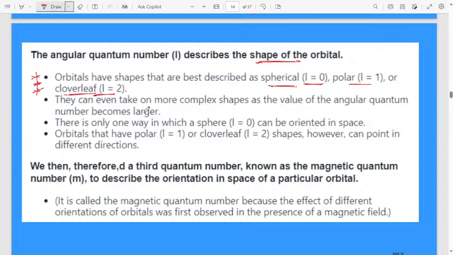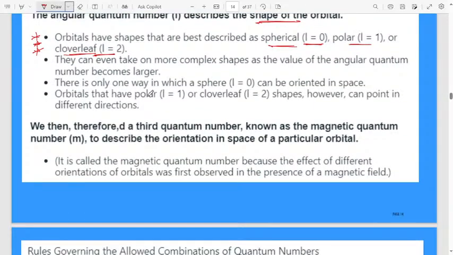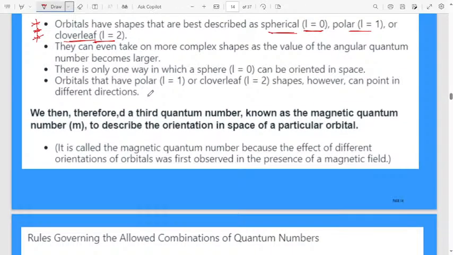They can even take more complex shapes as the value of the angular quantum number becomes larger. There is only one way in which the sphere, L equal to 0, can be oriented in space. Orbitals that have polar or clover leaf shapes, however, can point in different directions. Therefore a third quantum number, known as the magnetic quantum number, is needed to describe the orientation in space of a particular orbital.